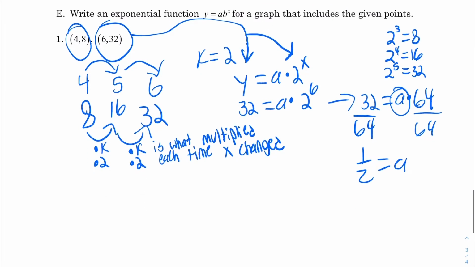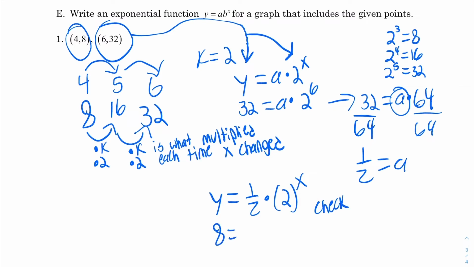Now that we solved for a, let's just finish up this equation. Y equals 1/2 times 2 to the power of x. Let's check this with the second point and make sure that it works. 8 equals 1/2 times 2 to the power of 4.